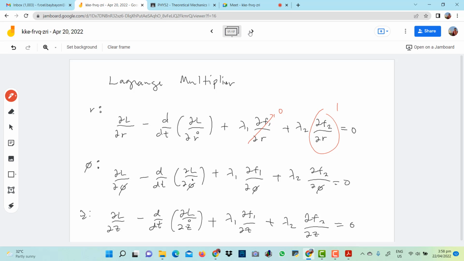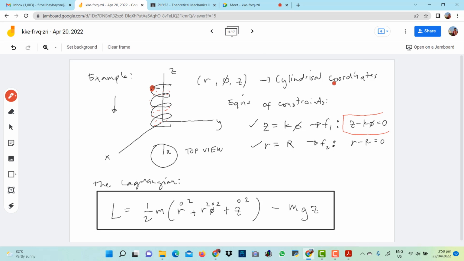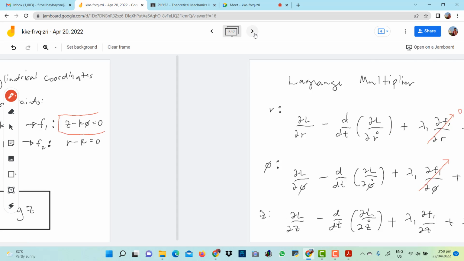Partial f1 with respect to phi, what is the answer? Negative k. Yes, that's correct.